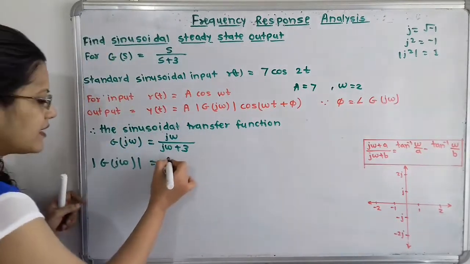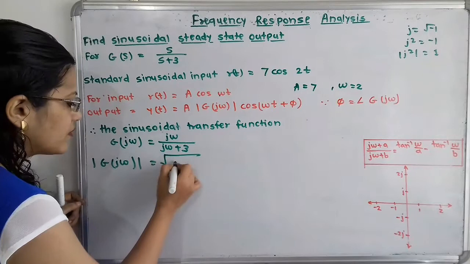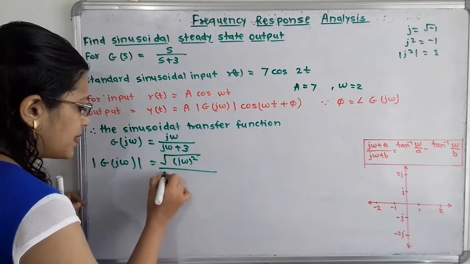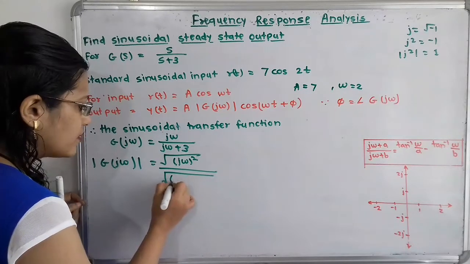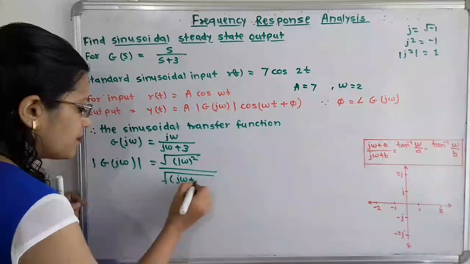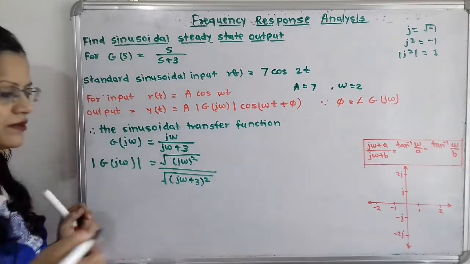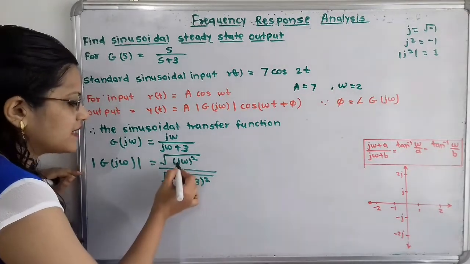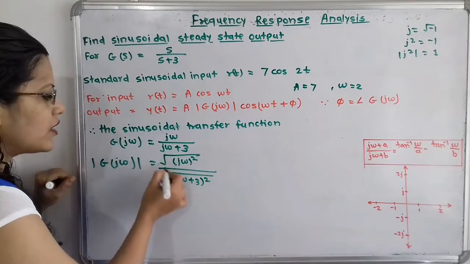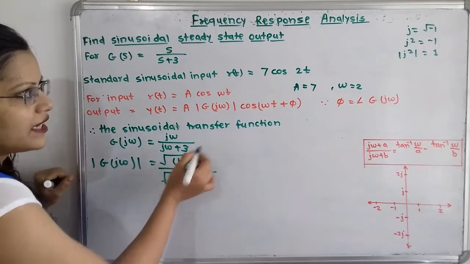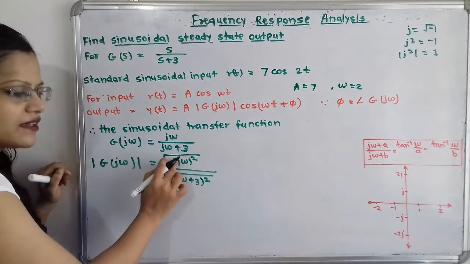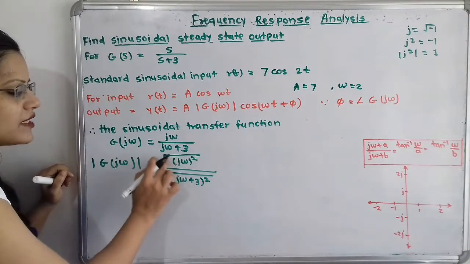That is, if I take the square root of (jω)² divided by the square root of (jω + 3)², then what is happening here? The numerator is j²ω². So under root of j², that is j² = 1. If we put j² = 1, then what is the value?